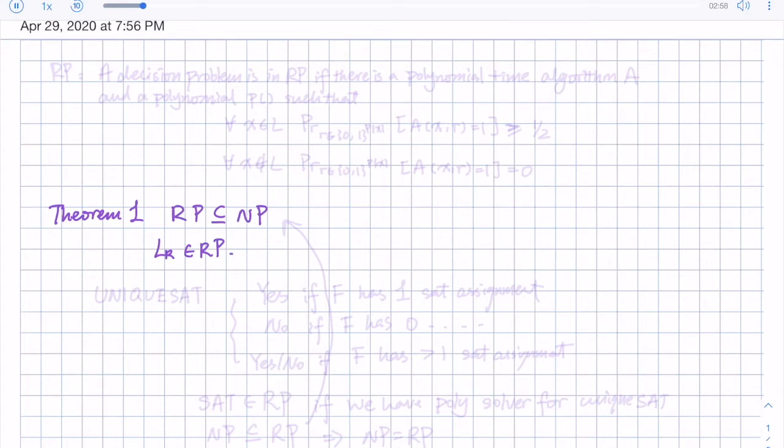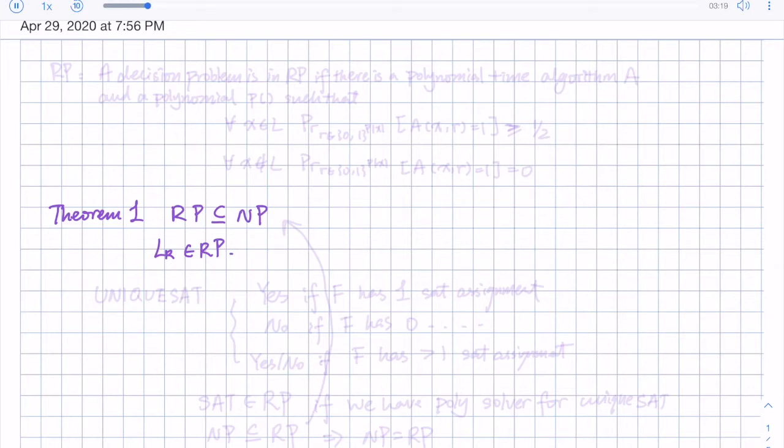So this is very similar to what we talked about in NP, right? We say a problem is in NP if there is a polynomial time verifier V such that for each instance W that is in the language, there is a witness C such that W and C is accepted by the verifier.